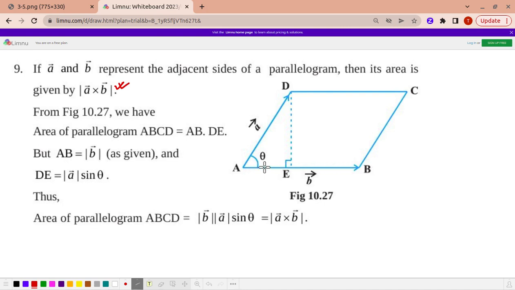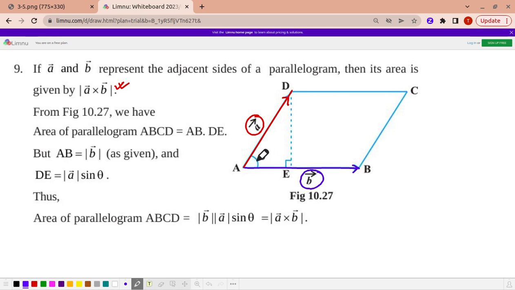So, you see this adjoining diagram here. AD is a vector represented by A, that is AD vector, and another vector AB is represented by B vector, and the angle between the vector A and B is theta.